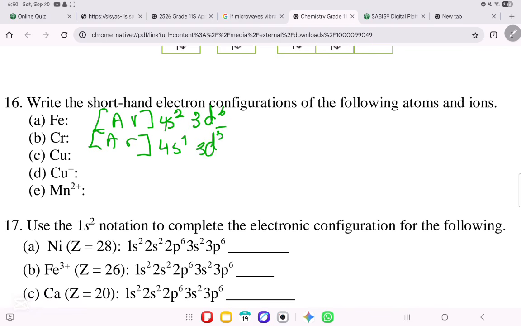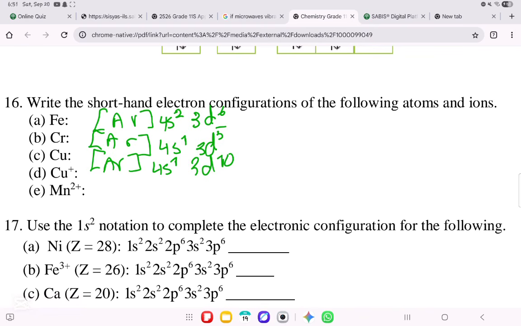Then Cu is also another exception: argon 4s1 3d10. What did they do? They took the electron from S and gave it to D. Now, Cu plus, very, very important.